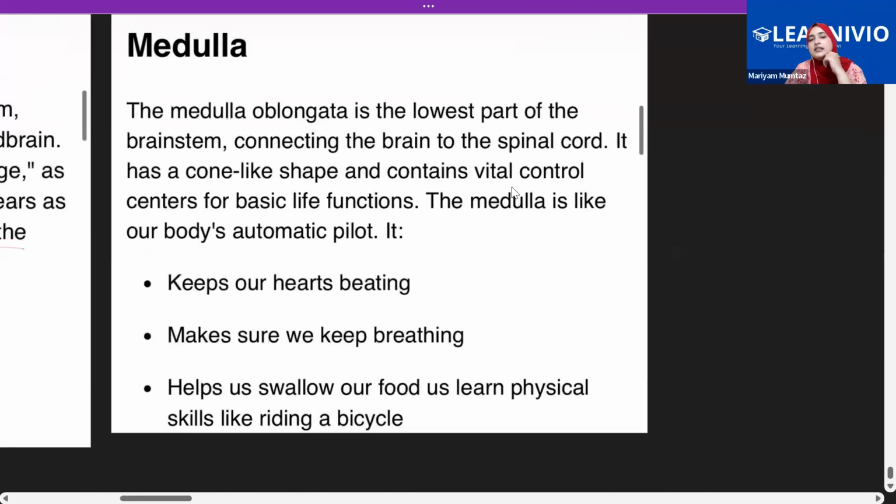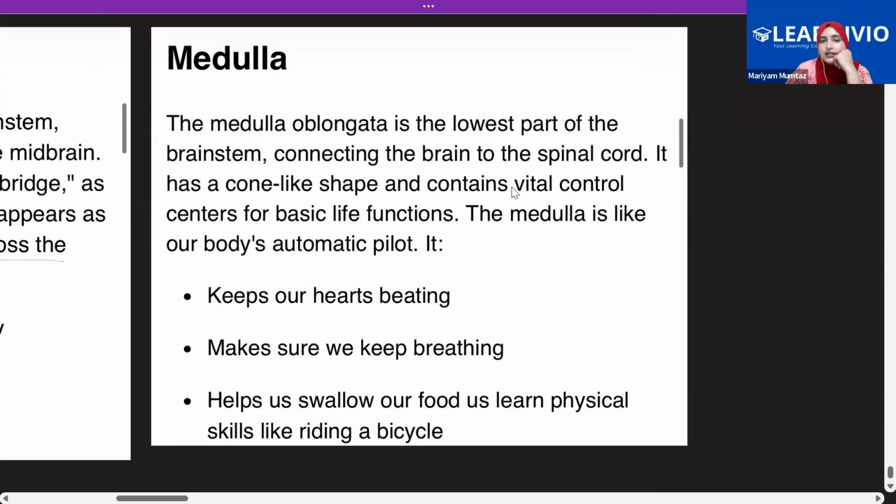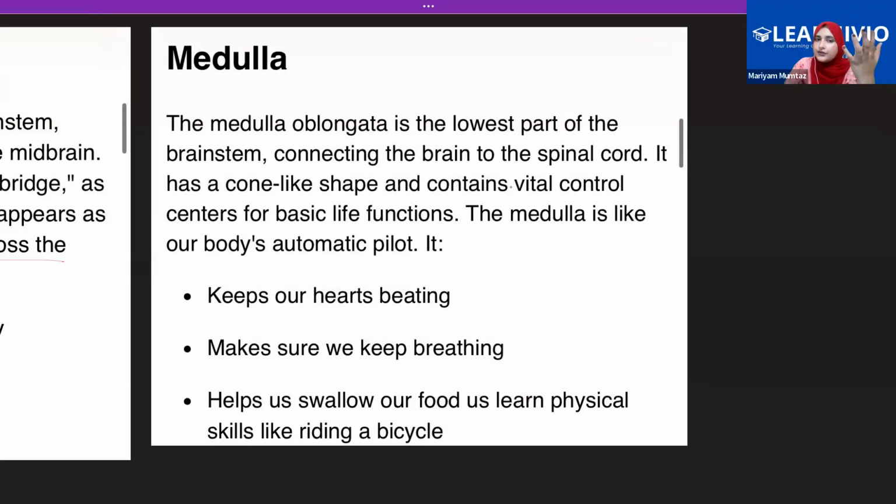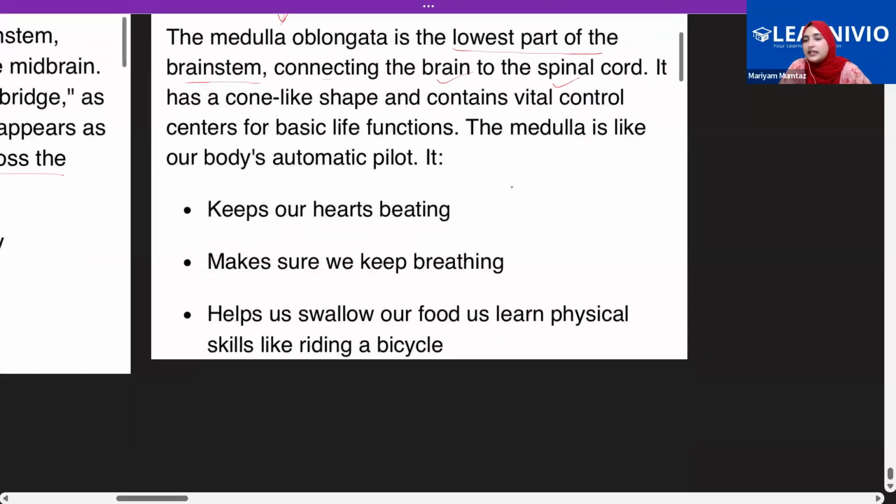And the last part is the medulla part of the hindbrain. The medulla oblongata is the lowest part of the brain stem, connecting the brain to the spinal cord. It has a cone-like shape and contains the vital control center for basic life functions. It is responsible for doing those things for us that need to be done throughout our life without any stoppage, like heart beating.